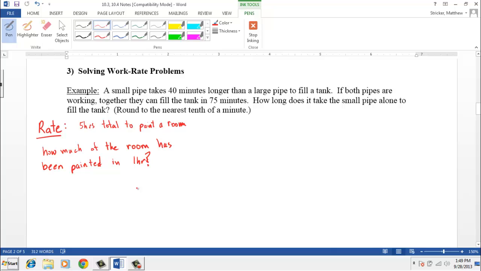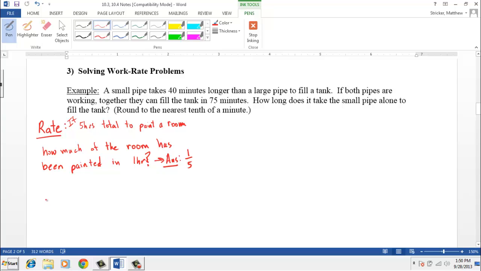If it takes 5 hours total to paint a room, how much of the room has been painted in 1 hour? Well, each hour, a fifth of the room would be painted. So the answer to this question is 1/5. And that's how we find a rate, especially for these type of problems. The person that's doing this painting job can paint 1/5 of the room per hour.